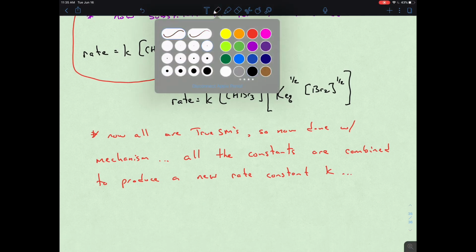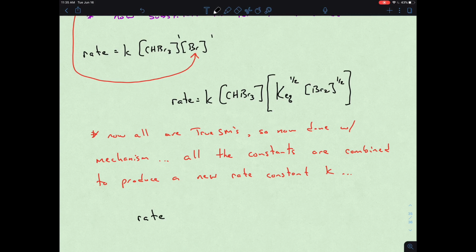So if we then do that combination, we would have rate is equal to little k times the concentration of our CHBr3 to the first power times then our Br2 to the 1/2 power.